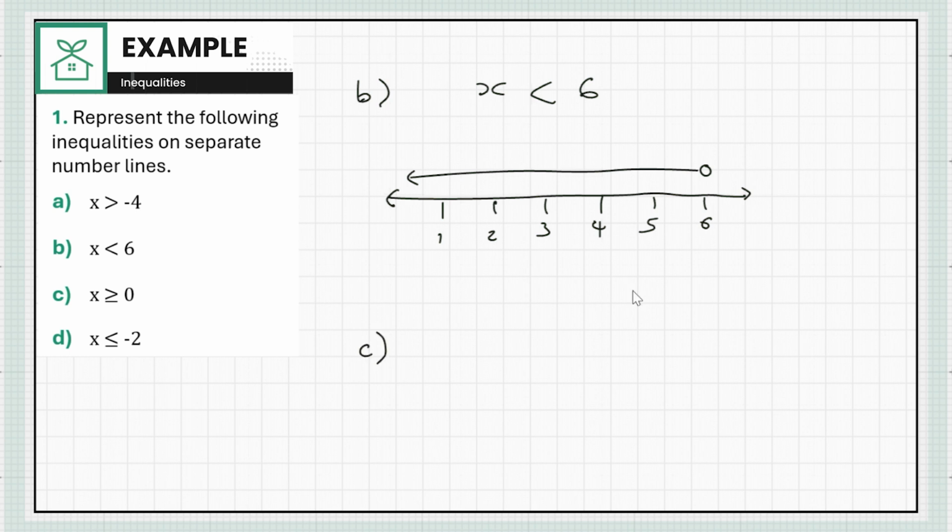If we look at C, we have x is greater than or equal to 0. So just draw a pretty basic number line, give it a couple of arrows, and then you can do values greater than 0. You can start negative if you would like.